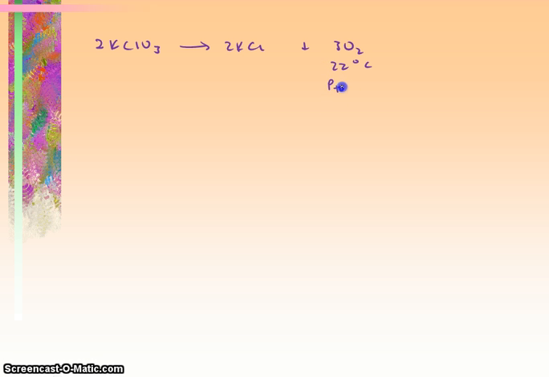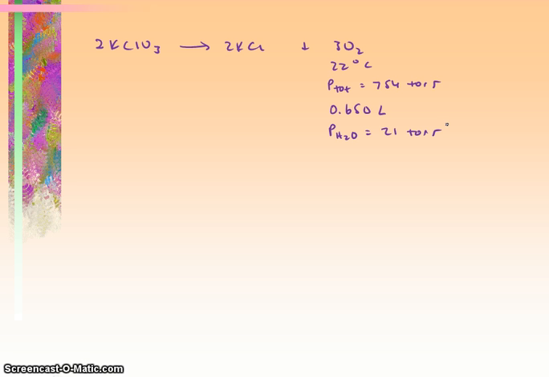The total pressure is 754 torr, and the volume of that bubble is 0.650 liters. And it tells us that the water vapor pressure is 21 torr.